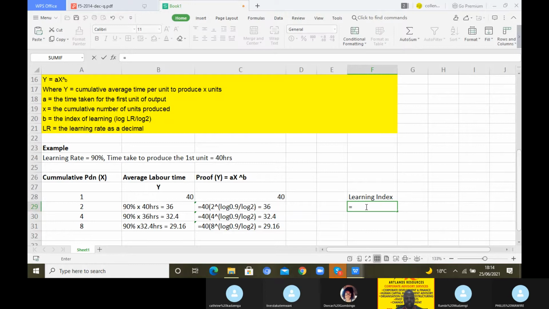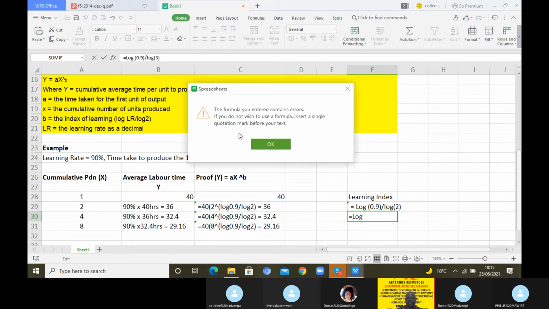So in this case, it will be equals log 0.9 divided by log 2. Examiners normally give it to you like this. In other words, they don't allow you to punch it. Rather, they give you the answer having punched it themselves, and that is called the learning index.